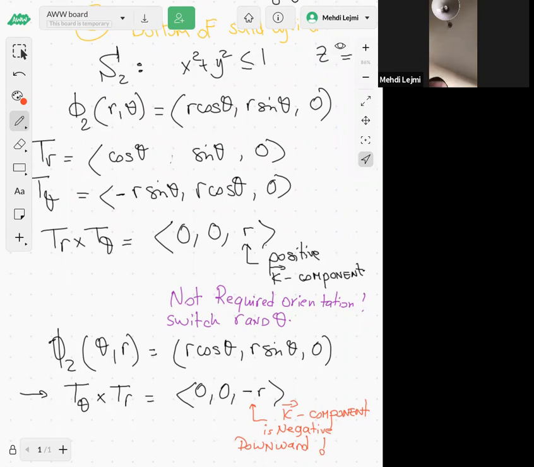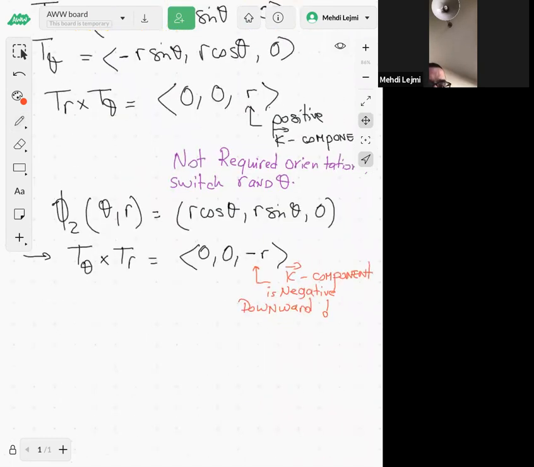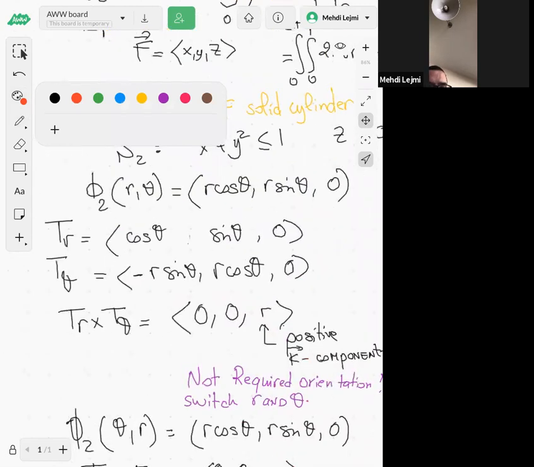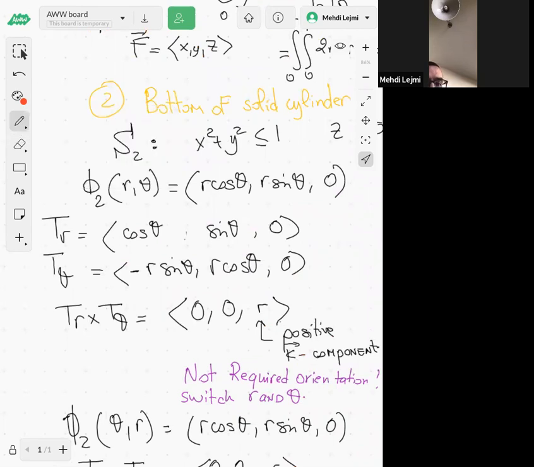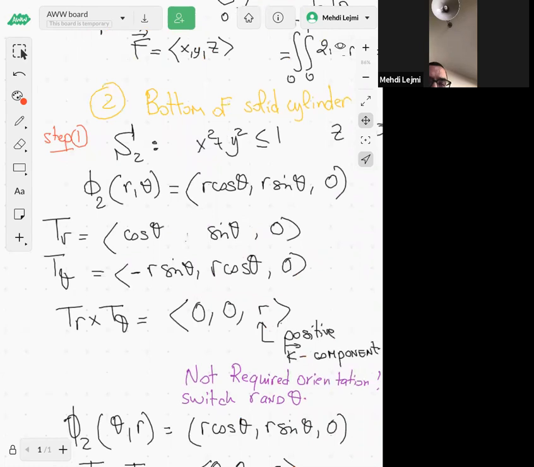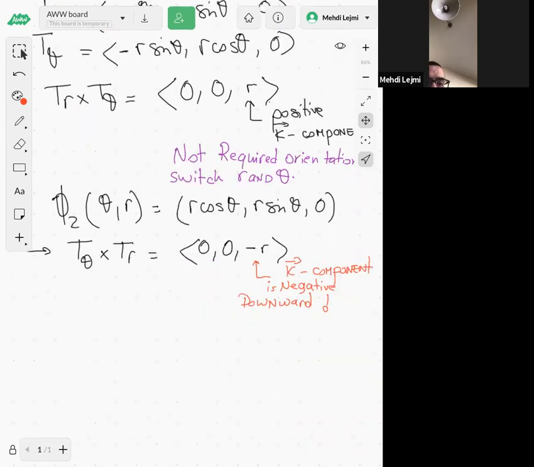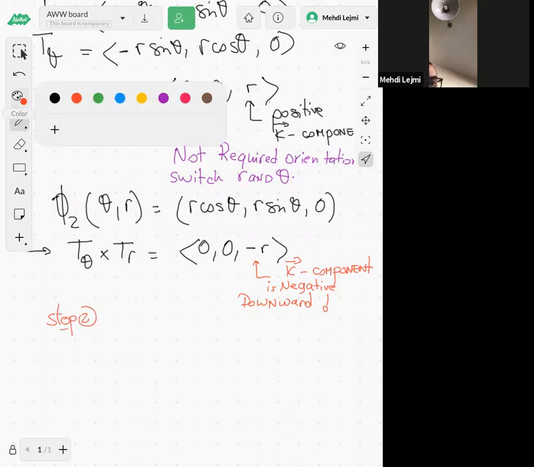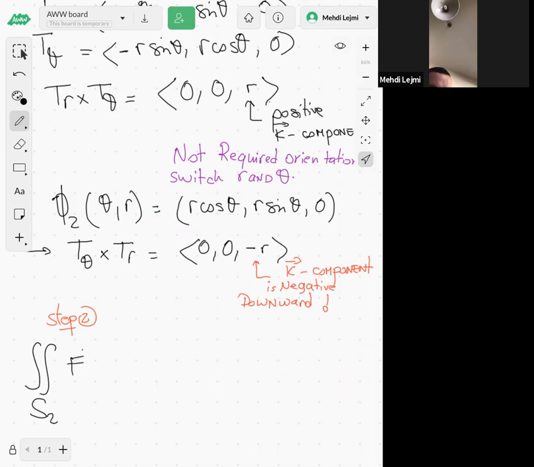Okay, guys, so now we can evaluate. This is the first step. I'm going to write it down here. Step 1, we parameterize our surface. Step 2, now we can compute our vector surface integral. Again, f is just x, y, z.